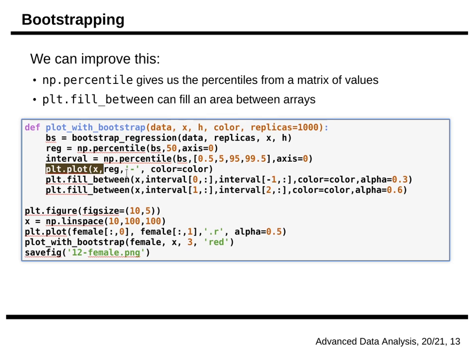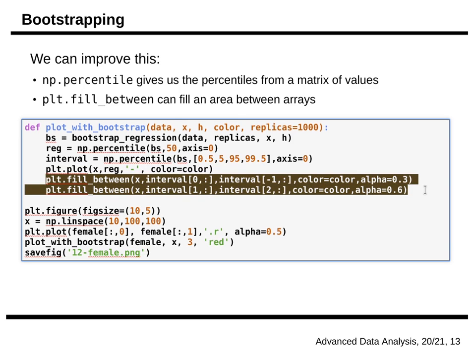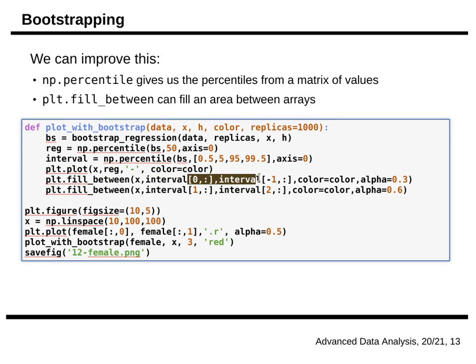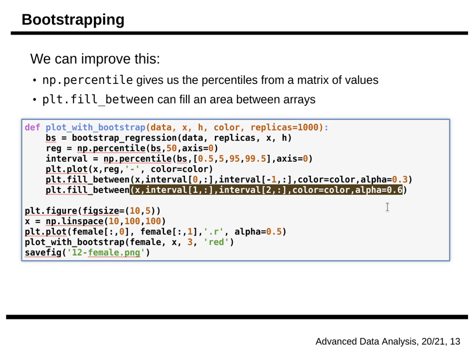And now I will draw the regression line at the median of all the lines I obtained, and then I'll use this fill between function of pyplot to fill between the first and the last percentile here, so 0.5 and 99.5%, a bit more transparent, and then fill between the two in the middle, so between the 5 and 95 percentiles for the 90% confidence interval.